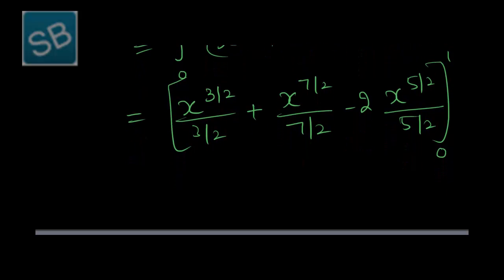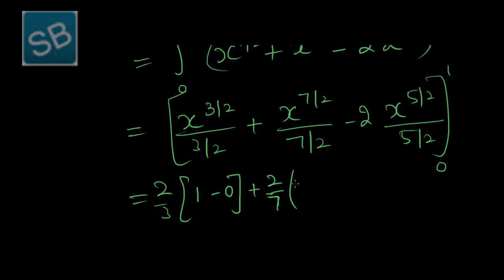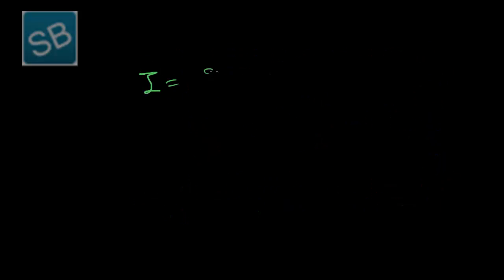So we get here 2 by 3 outside, that is 1 raised to power 3 by 2 is 1 minus 0, plus 2 by 7 is out, 1 raised to 7 by 2 is 1 minus 0, minus 2 times 2 by 5, again 1 minus 0. So we get I is equal to 2 by 3 plus 2 by 7 minus 4 by 5.